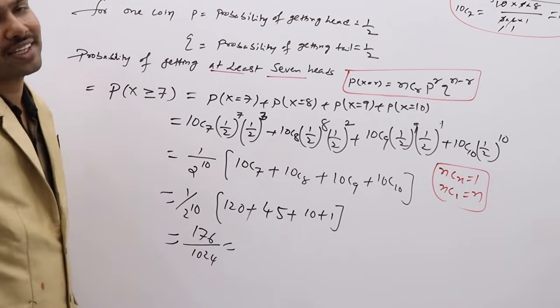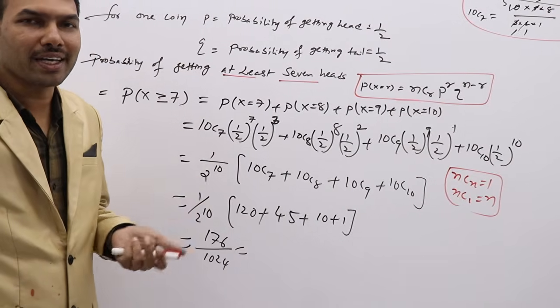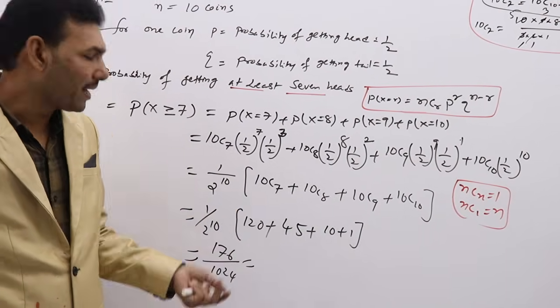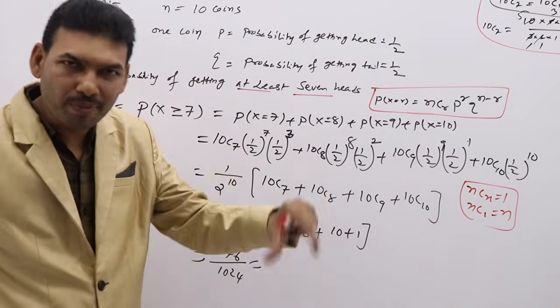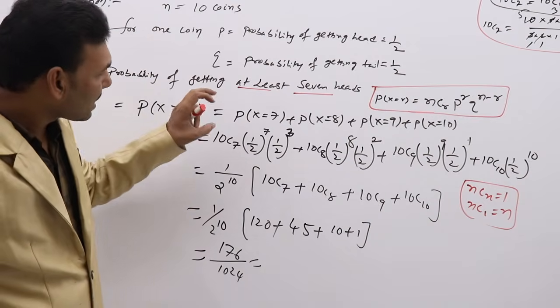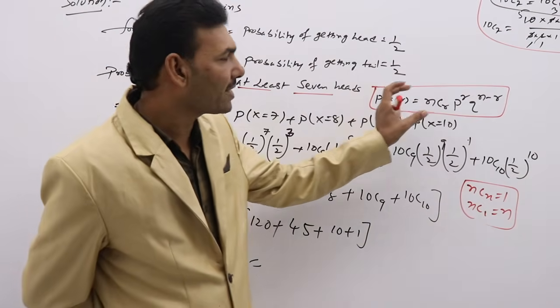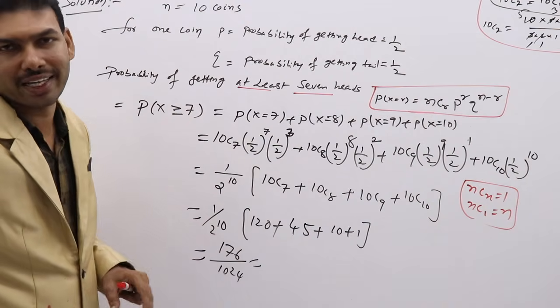So this is the case. Just now I said, if you do it practically, manually, by calculating these 1024 outcomes, and pick up from 1024 the 7 heads case, 8 heads, 9 heads, 10 heads, how many will you get? 176 you will get.